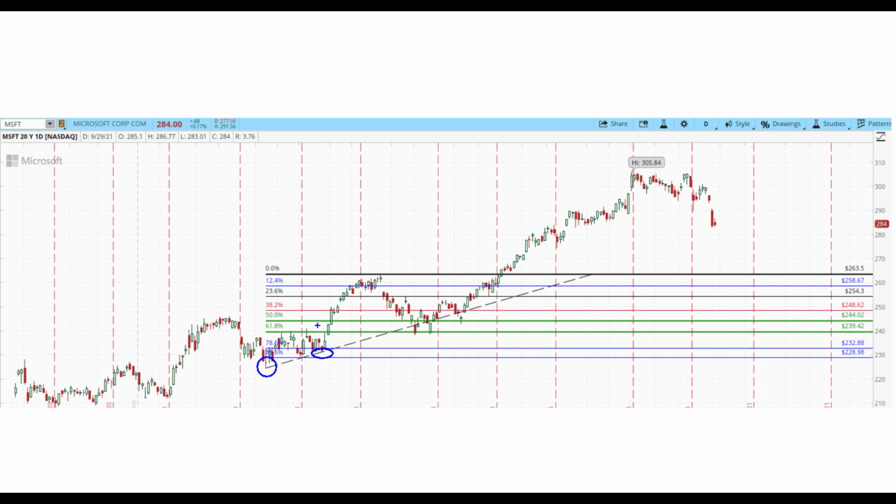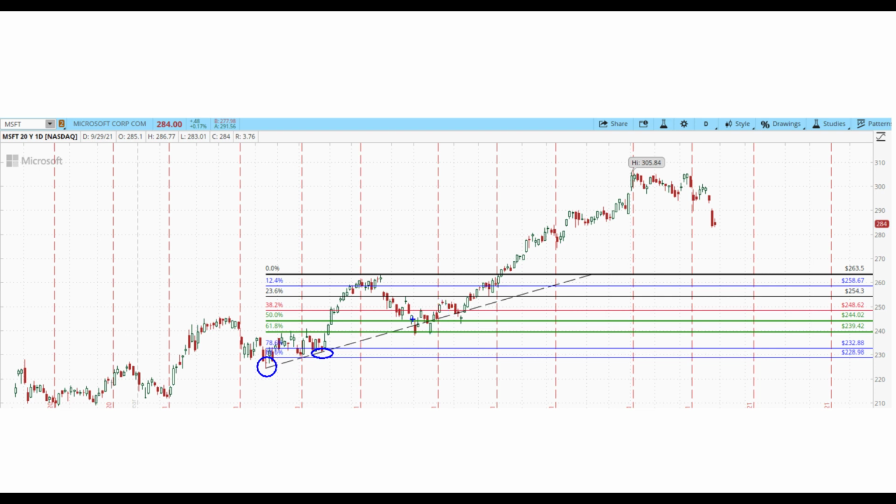Well, here is the explanation on that. When you're using this strategy, when the 50 and 61.8 levels are where your trend line would be, this is a high probability of a fake out area.